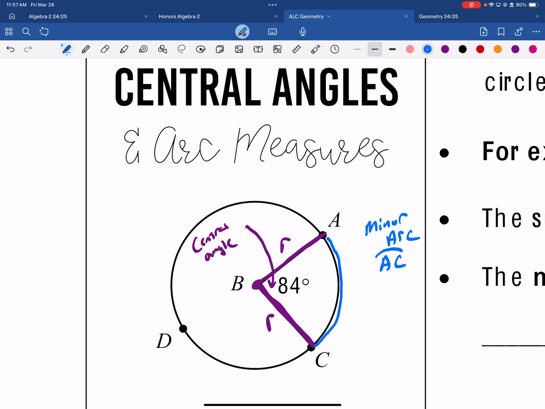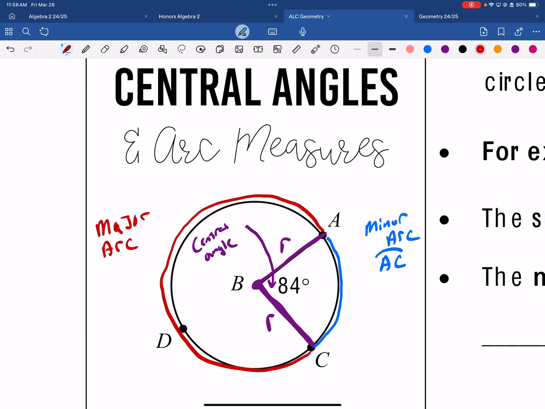The other arc that it creates is this arc, in red now. We call that arc in red a major arc, because it was over 180 degrees.